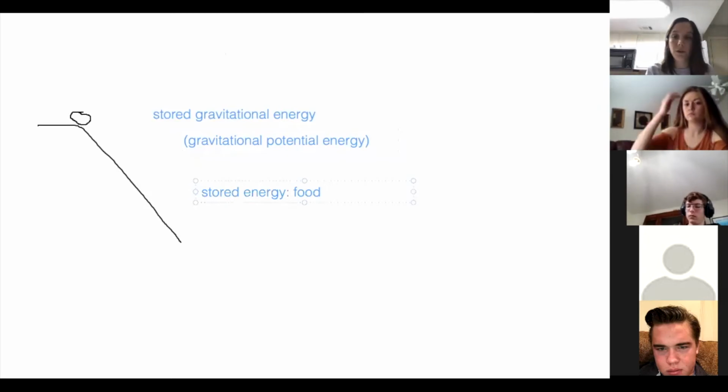The food that you eat contains calories. That's energy that your body can use. It breaks down the molecules, and by breaking apart the molecules, that's energy that's released that fuels your body. Gasoline, another energy source. So the car breaks apart the gasoline molecules to run.